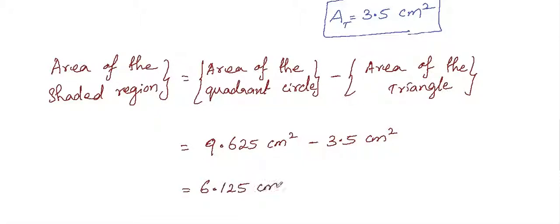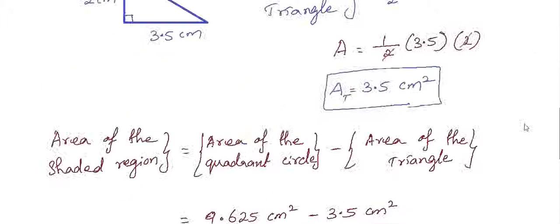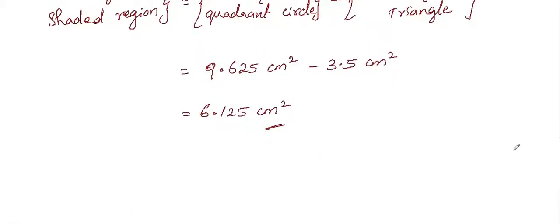If you subtract, we get 6.125 centimeter square. So we can conclude that the area of the shaded region is 6.125 centimeter square.